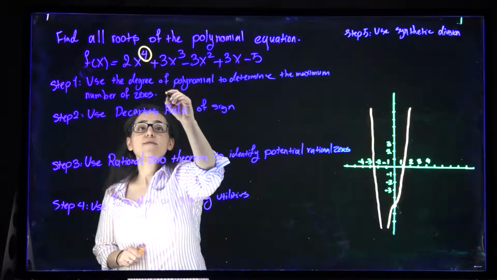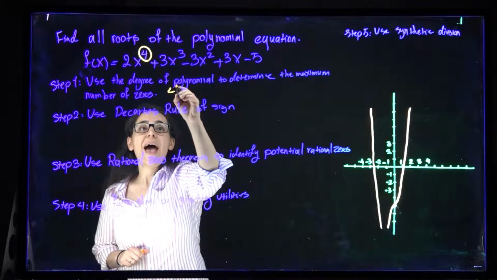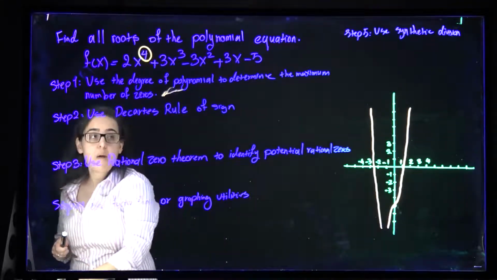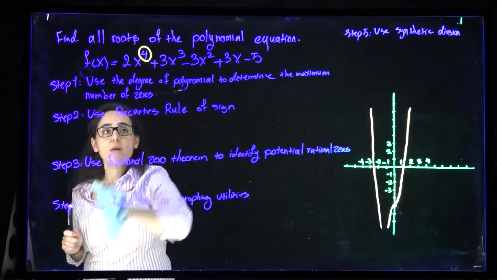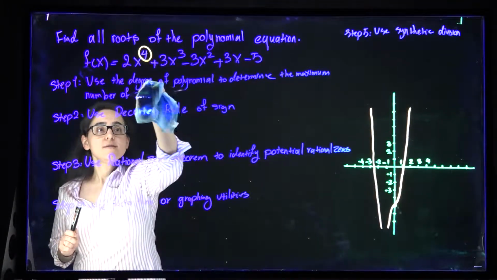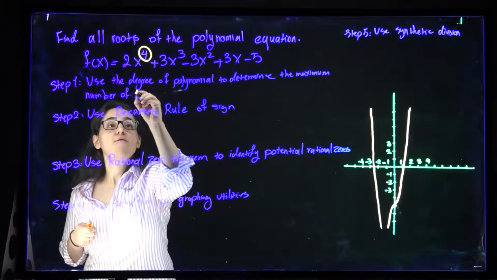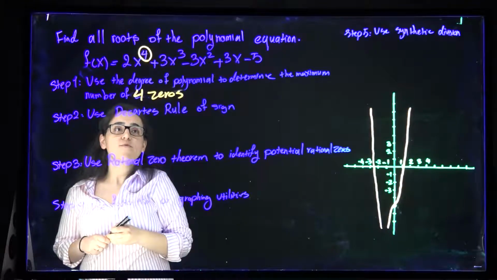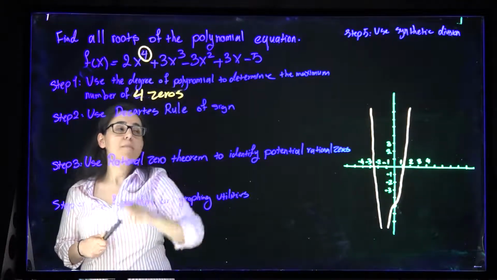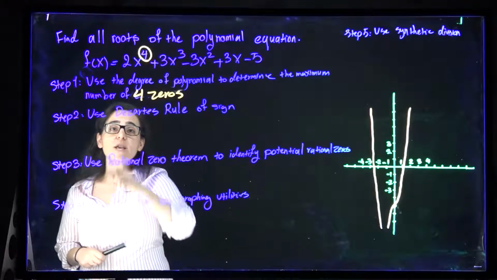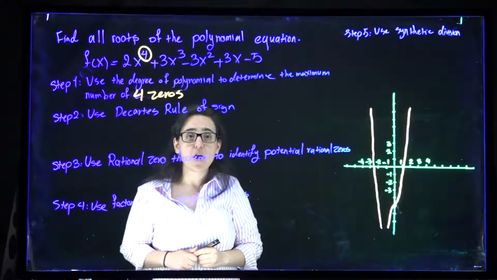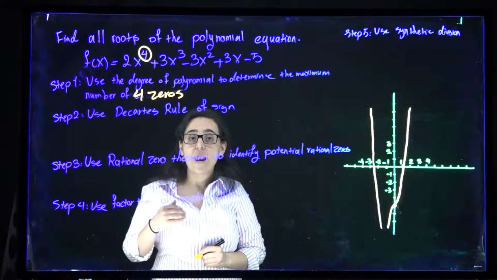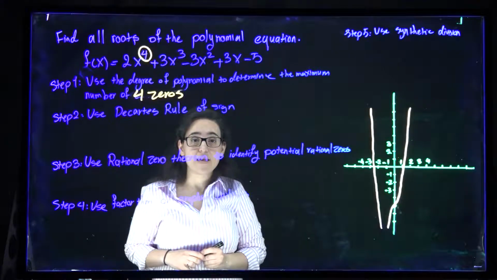Because the degree is 4, we have a maximum of 4 zeros. Now, we're going to use Descartes' rule of signs to decide how many of those 4 zeros are going to be positive and how many are going to be negative.